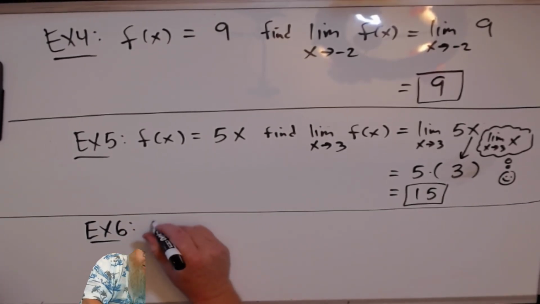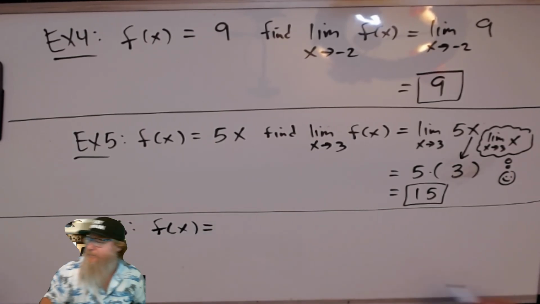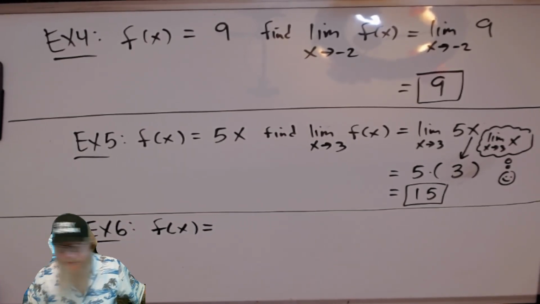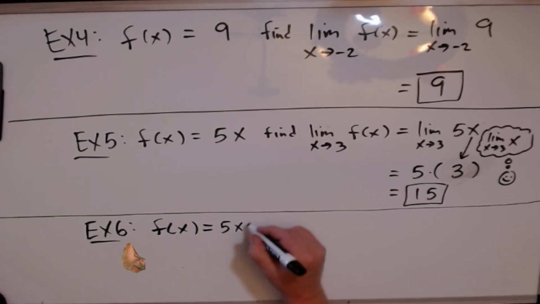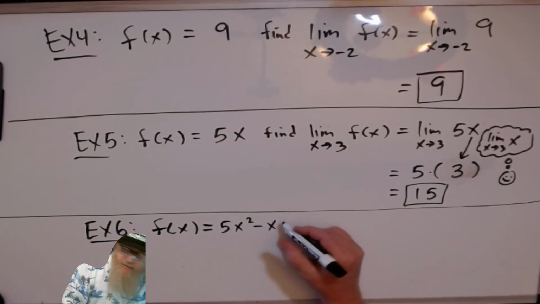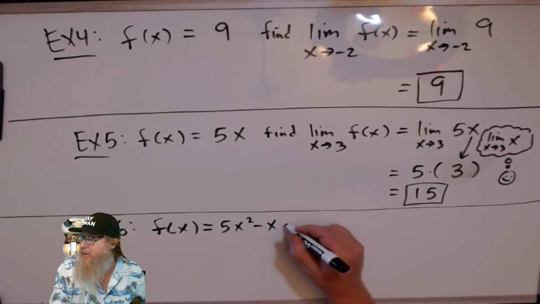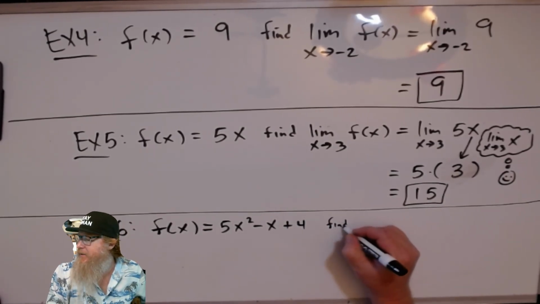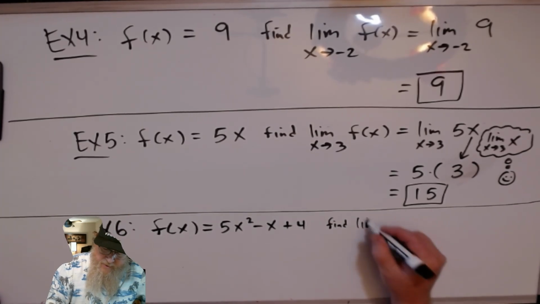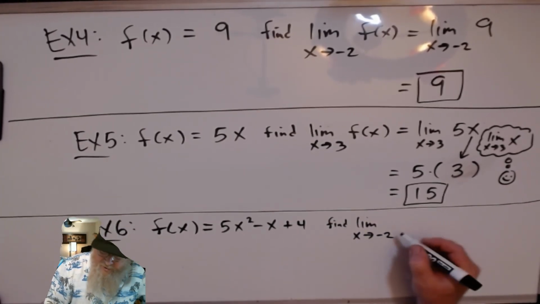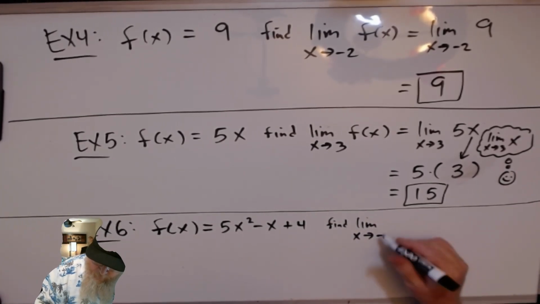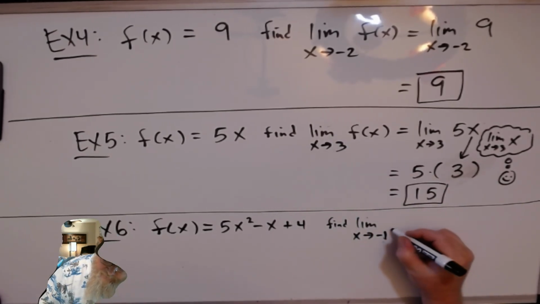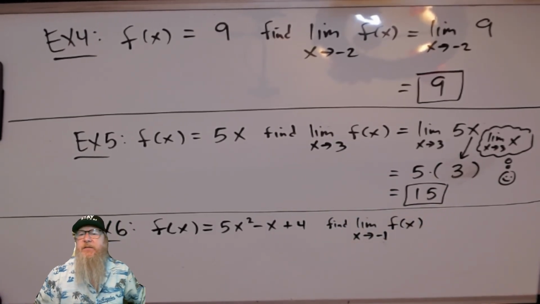Example 6. f of x is 5x squared minus x plus 4. Find the limit as x goes to -1, I already did -2, of f of x.